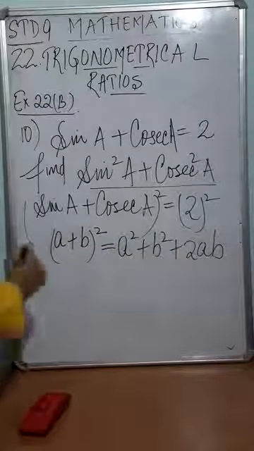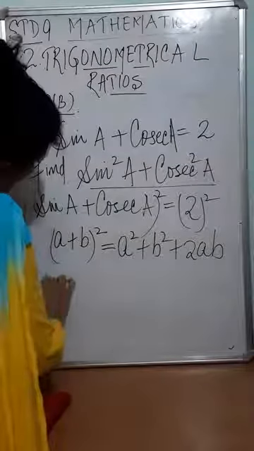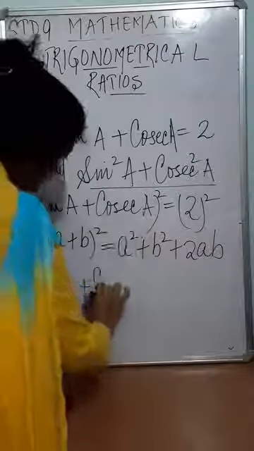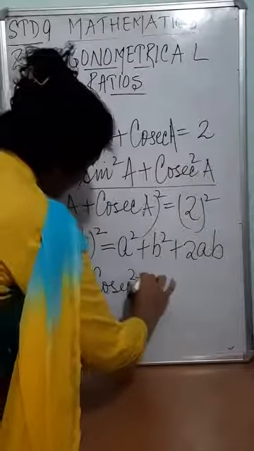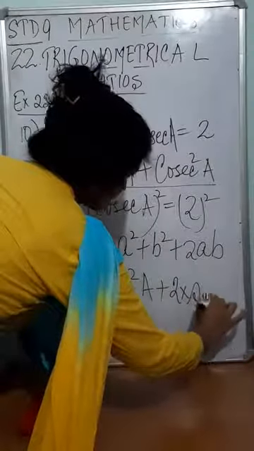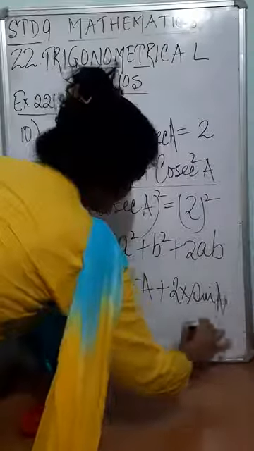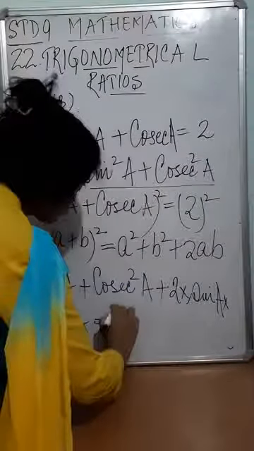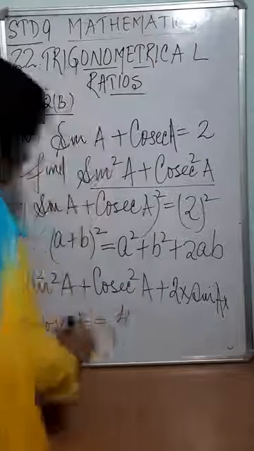Applying this formula, A becomes sin square A, B square becomes cosec square A, and 2AB becomes 2 into sin A into cosec A, which is equal to 2 square, that is 4.